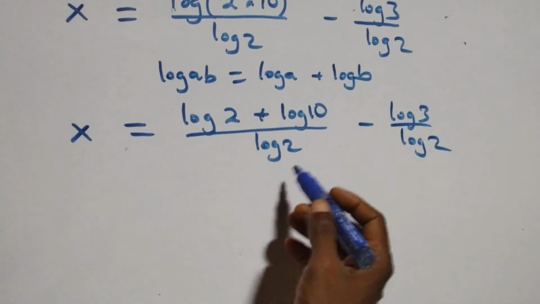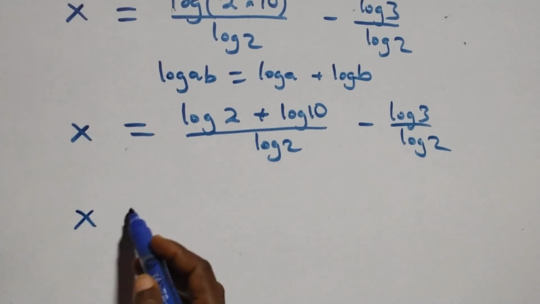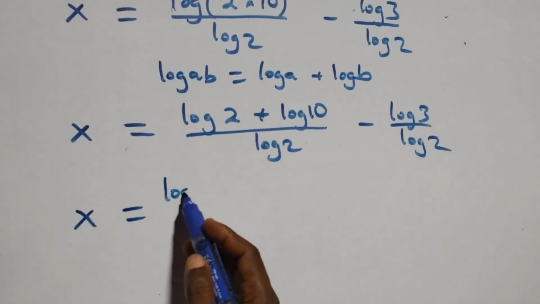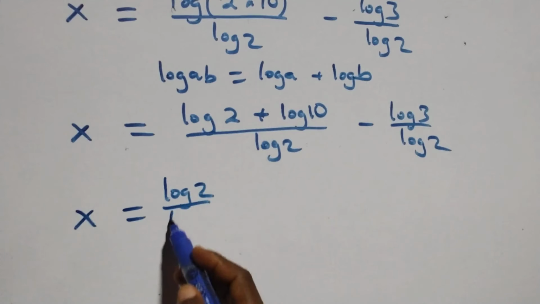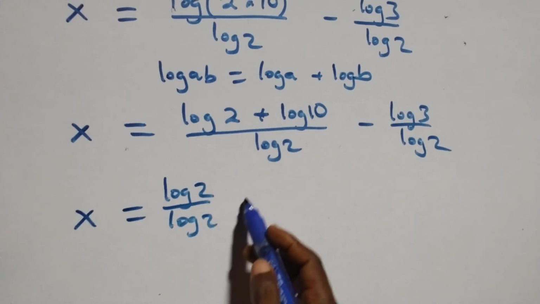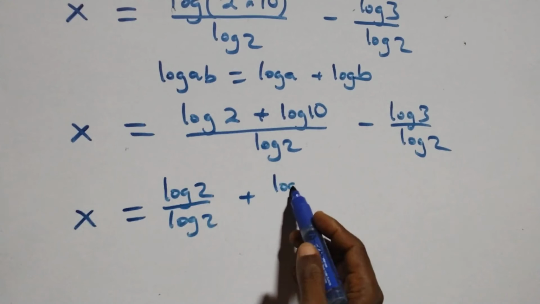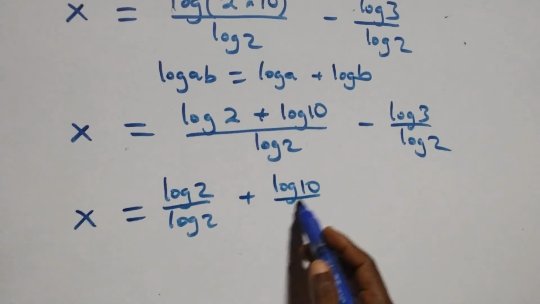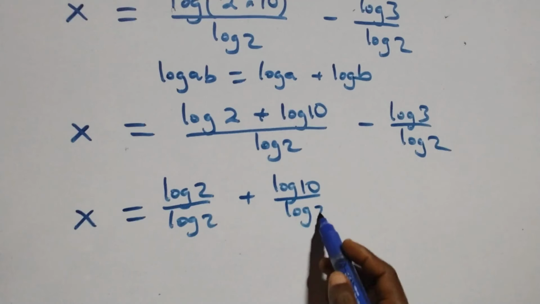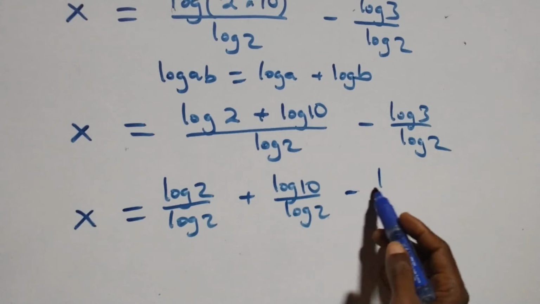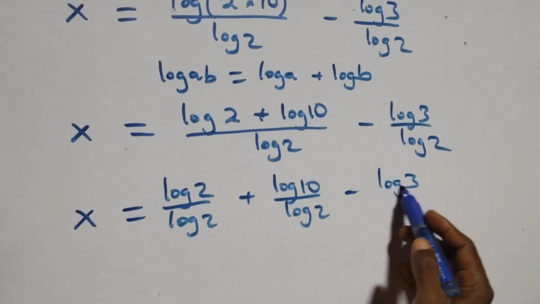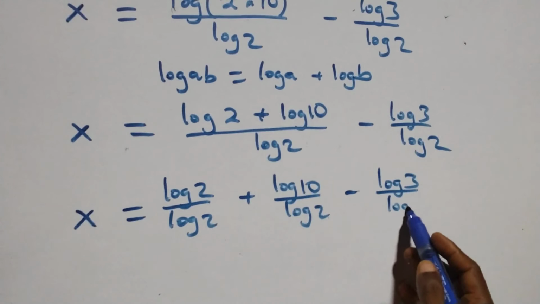Then here we separate this into two fractions. We have x equals to log 2 over log 2 plus log 10 over log 2 minus log 3 over log 2.